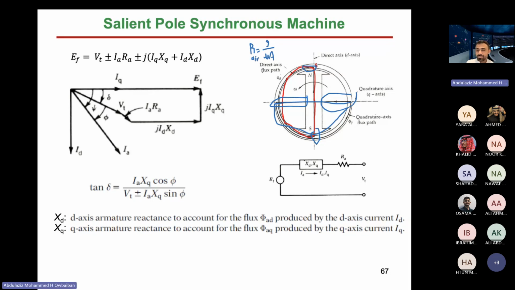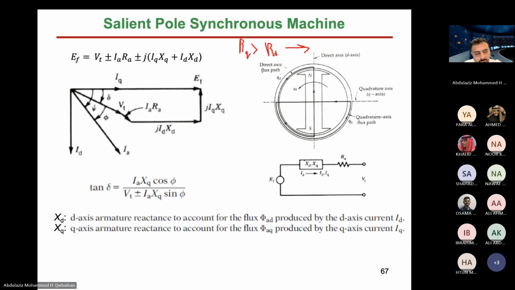So due to that, we will have different X values. We will have the reluctance of quadrature to be larger than the reluctance of the direct. So this implies reluctance is inversely proportional to L, which is the inductance.